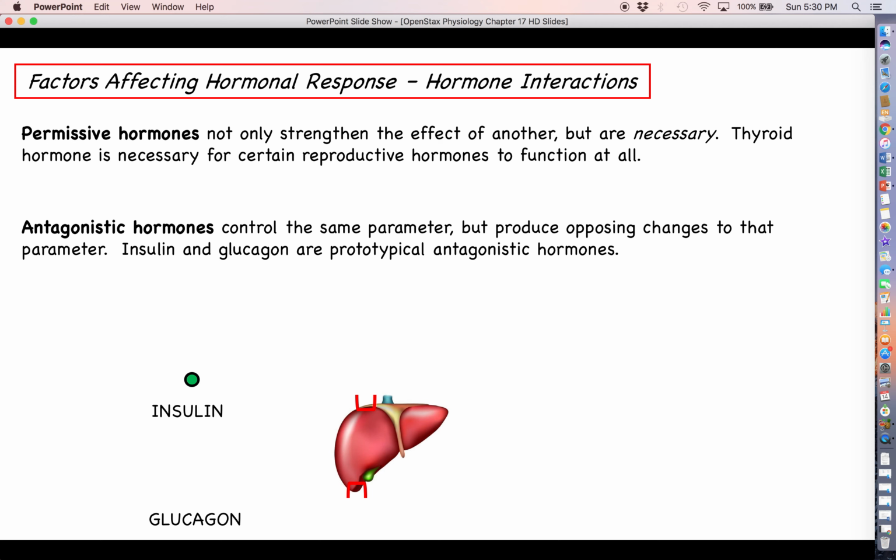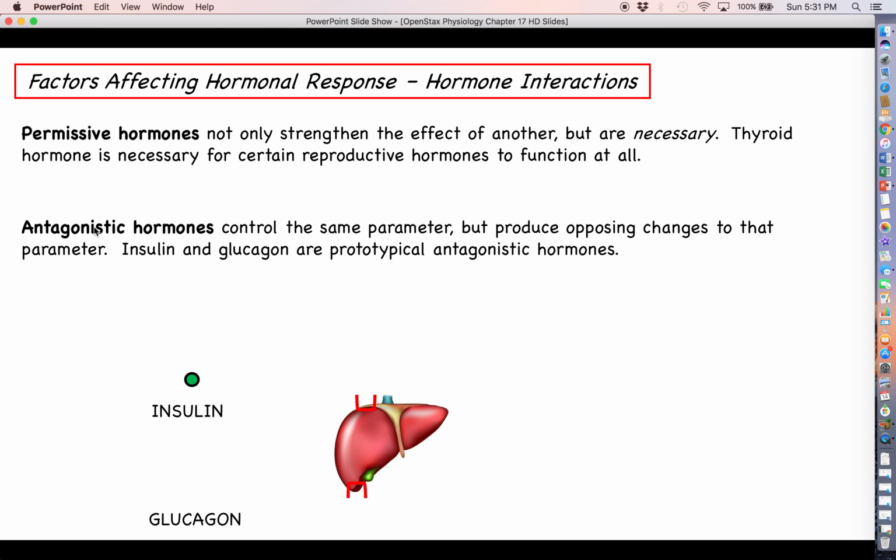So, for example, some of the reproductive hormones that we're going to talk about, like testosterone and estrogen, can't really do their job at all unless the thyroid hormones are also present. So both of those things have to be present in order for things like testosterone and estrogen to do their job at all. And then finally, antagonistic hormones.